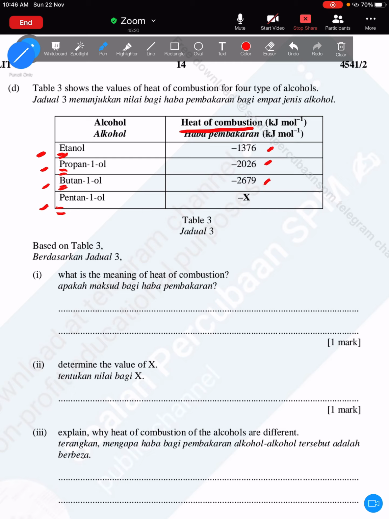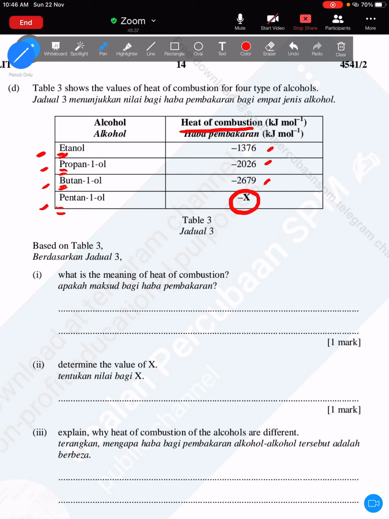Therefore, you have a rough idea. The pentanol is definitely going to have a higher value. It might be around 3000 kilojoule over mole. That is the idea that I get from this information.